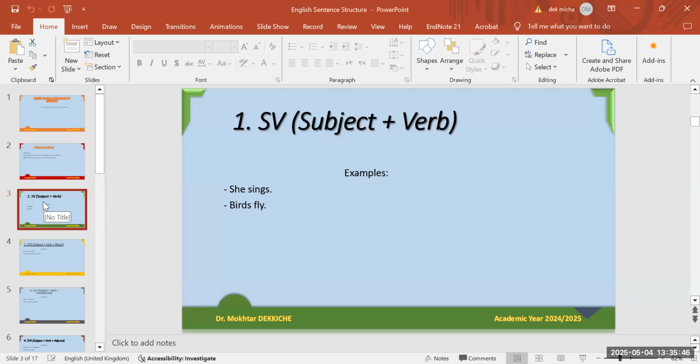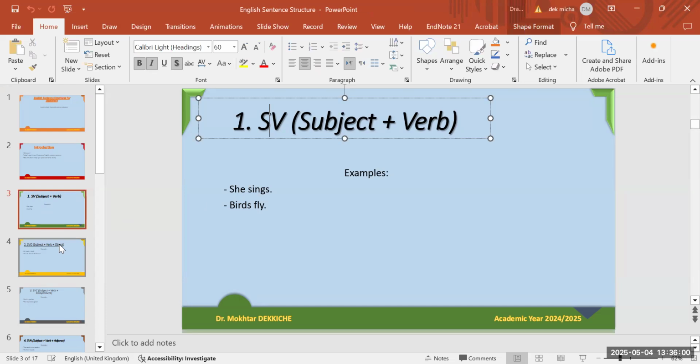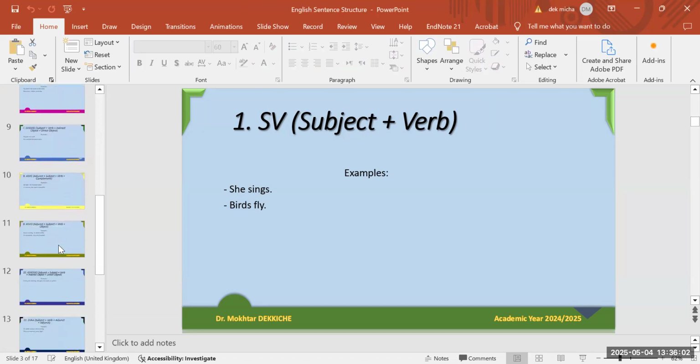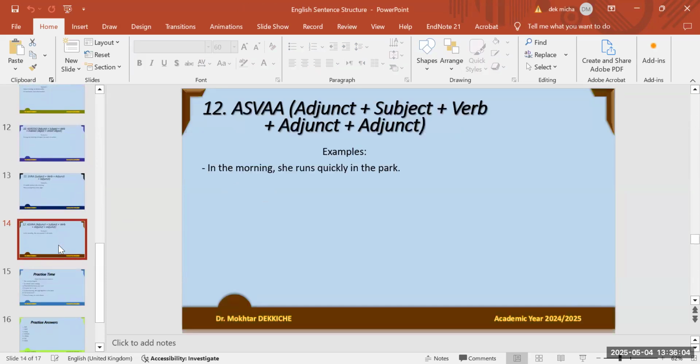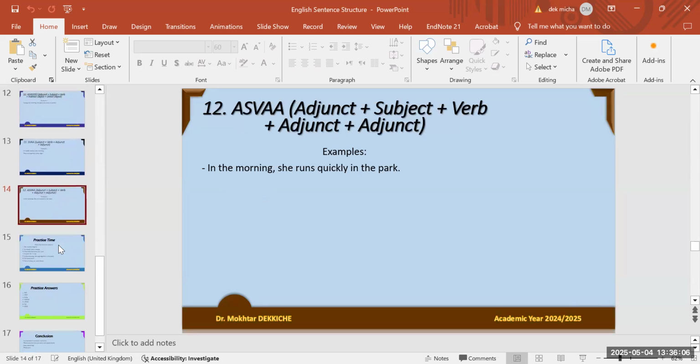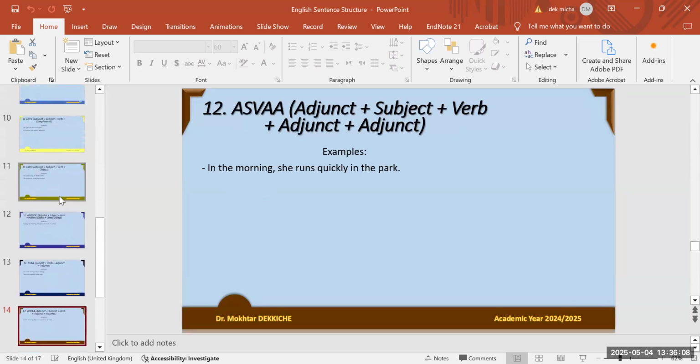different English sentence structures, beginning with the most simple and the nucleus structure, which is subject verb, up to the most advanced structures.